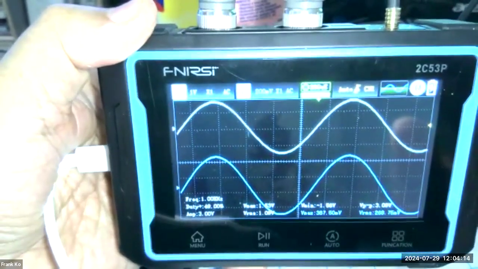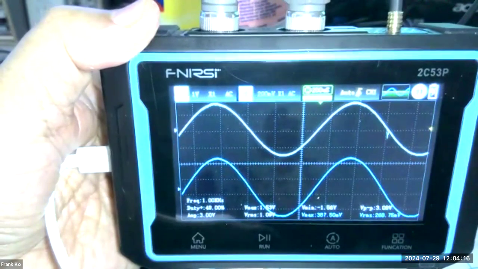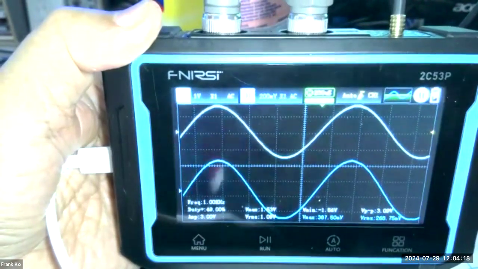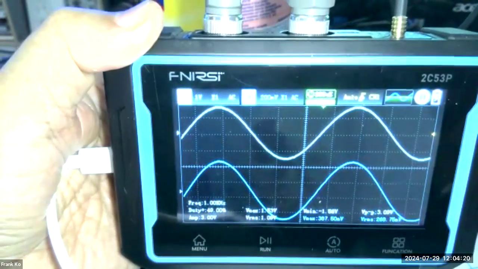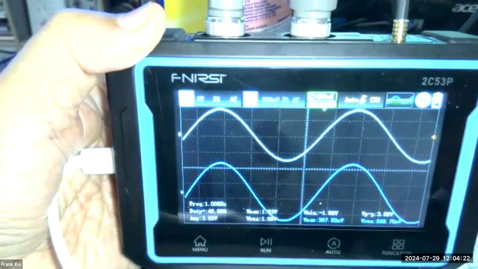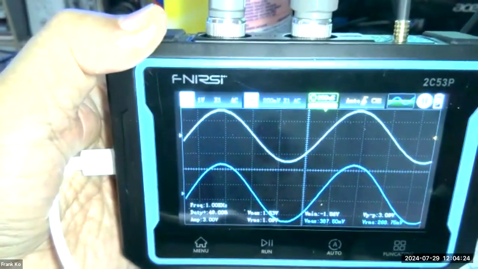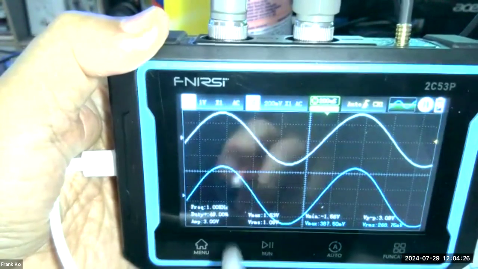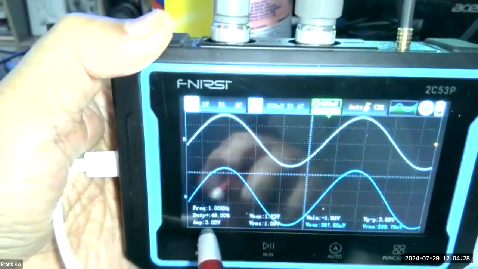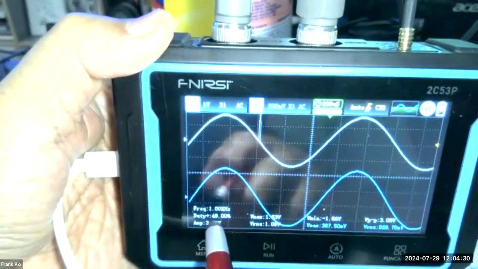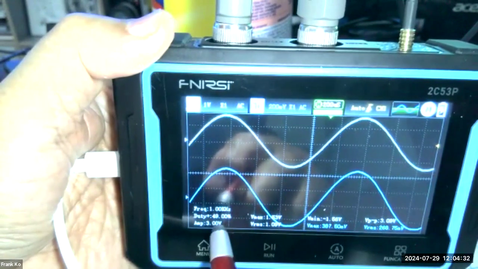Okay, it took a while, but I found an angle that at least allows us to approximate reading some of the information that's on the scope screen. It really does have quite a bit of information down here in the details. It tells us frequency 1 kilo, duty cycle 49%.